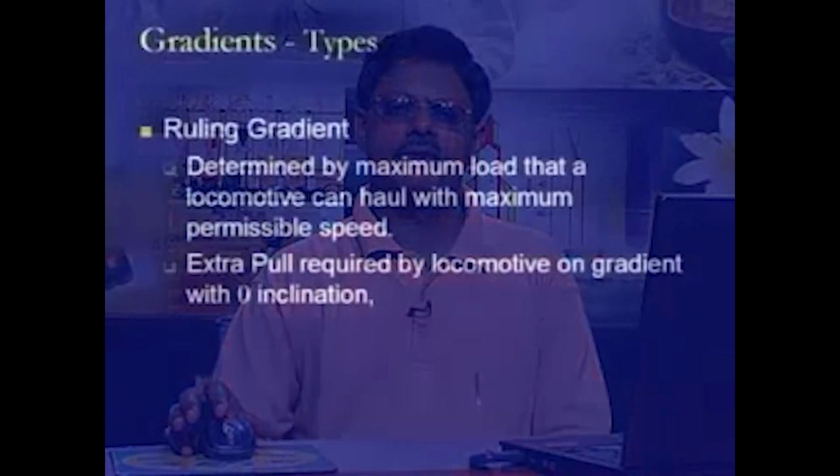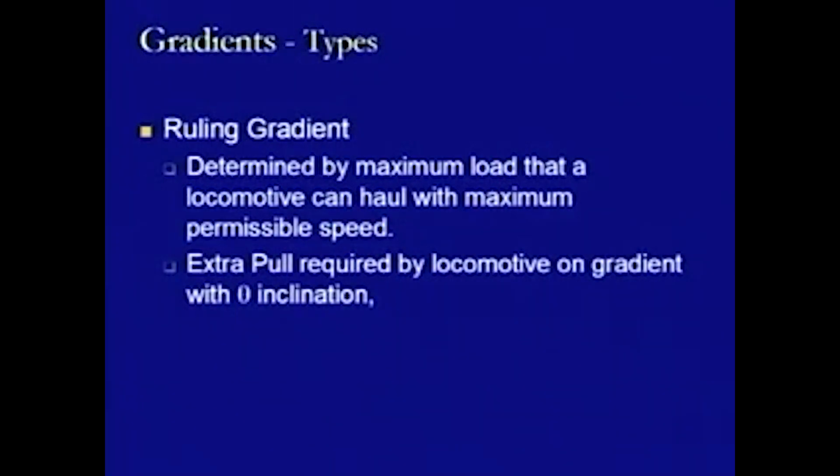Extra pull required by the locomotive on a gradient with any inclination theta, we have to consider this value, that is the total amount of pull which is required, as we have seen, and this is equal to the resistance offered by the gradient, which we have seen previously is equal to W multiplied by G divided by 100.